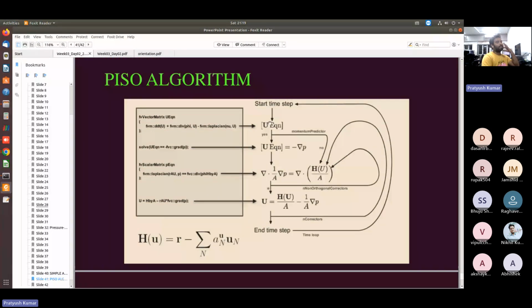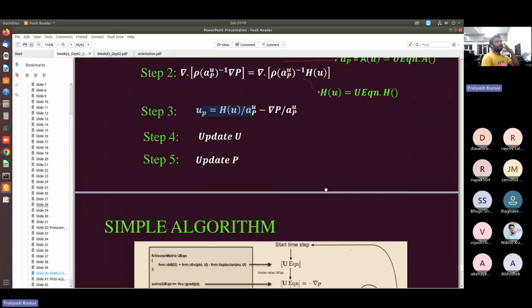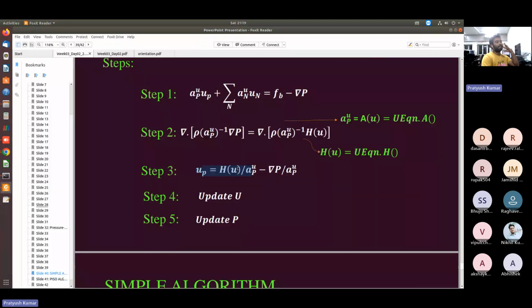Here we solve the UE equation, and another difference is that instead of going directly to the top step, we take another iteration between the pressure corrector and velocity corrector steps. So instead of going from step 1, 2, 3, then 1, 2, we take one or two iterations between step 2 and 3.